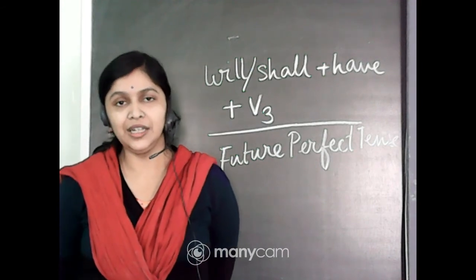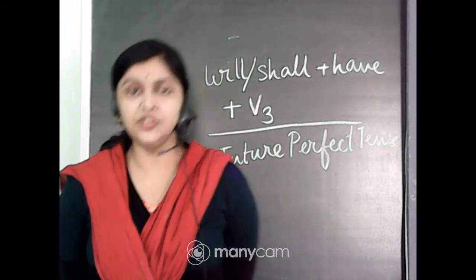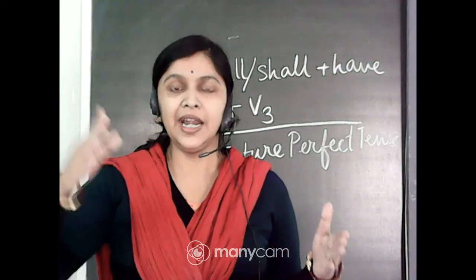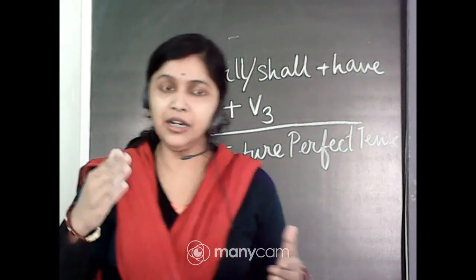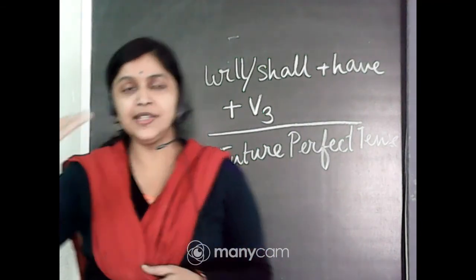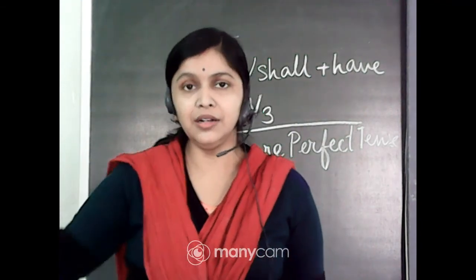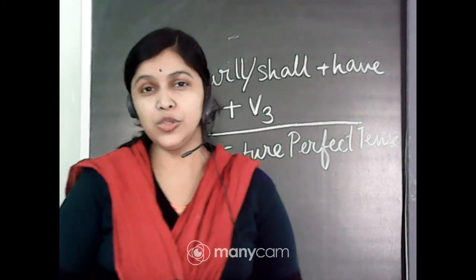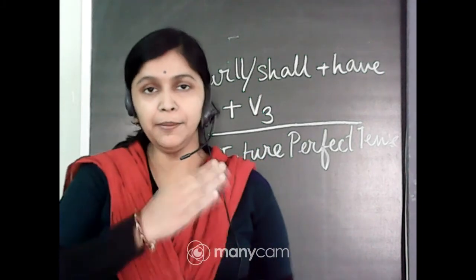So this is a planned future event which will go on for a long period in the future. It started earlier in the future and will still be continuing as another event in the future unfolds. For that we use the future perfect continuous tense.